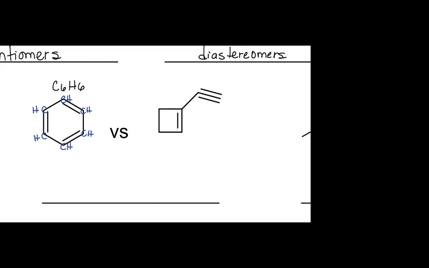Let's look at the molecule on the right. This is a CH2. This is a CH2. This is a CH. This is a carbon. This is a carbon. This is a CH. What is the chemical formula of the molecule on the right?